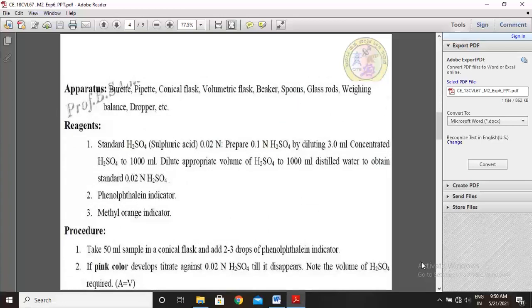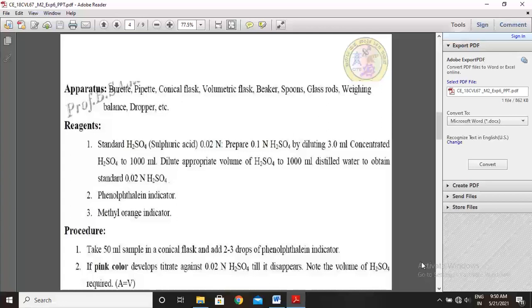Which apparatus are required to conduct this experiment? Burettes, pipettes, conical flask, volumetric flask, beaker, spoons, glass rods, weighing balance, dropper, etc. Next, reagents. Standard H2SO4, that is sulfuric acid of 0.02 normality, is required. How to prepare this reagent?